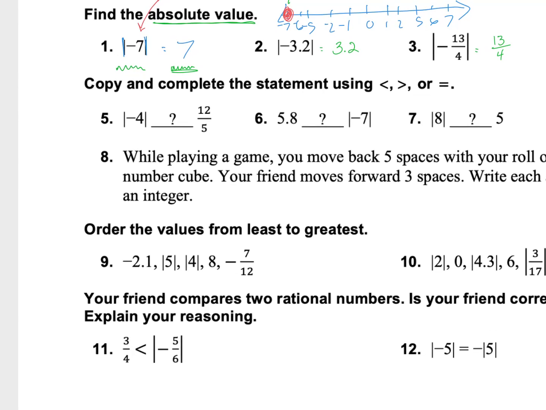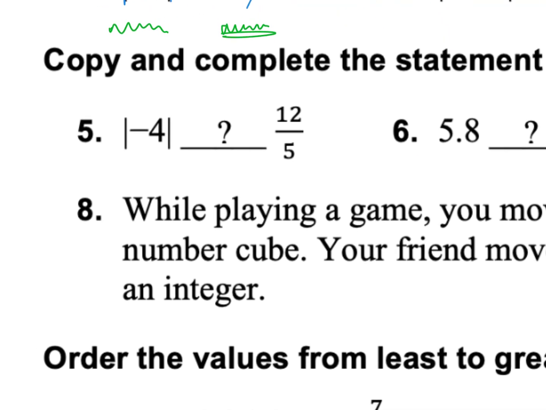Complete the statement using less than, greater than, or equal to. So what we need to do is first simplify this to be 4. 4 is going to be greater than 12 over 5. And if you're not sure how I did that, 12 over 5, well, you could do the division and you would get 2 something.